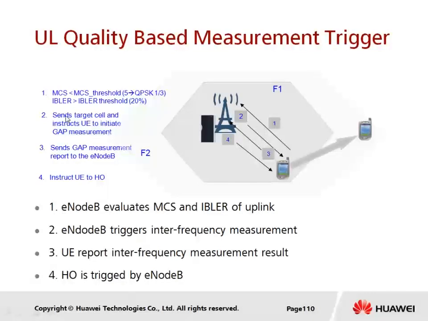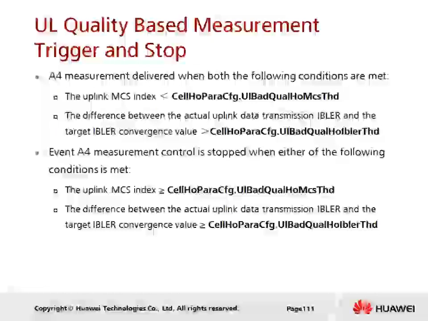The user will receive the measurement gap configuration, and the user has to measure the interfrequency neighbor, followed by sending event A4 reports to the eNodeB, and the eNodeB has to decide. This is the triggering of the measurement for event A4, where the uplink modulation and coding scheme is smaller than a threshold.